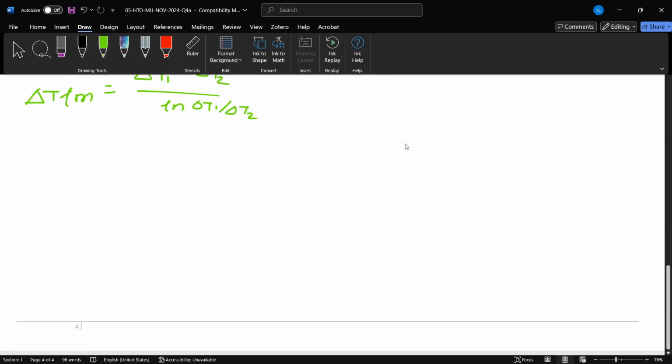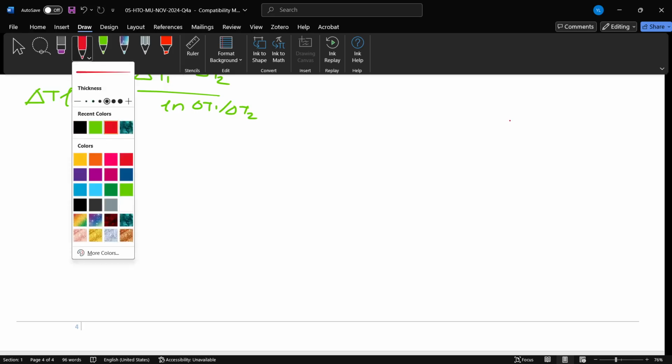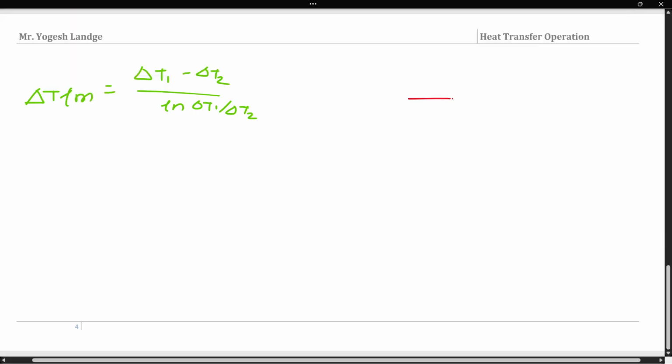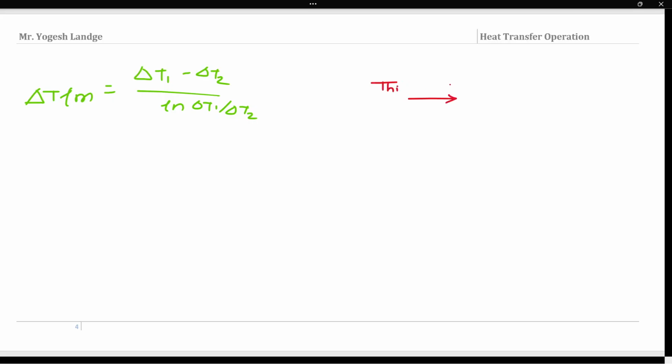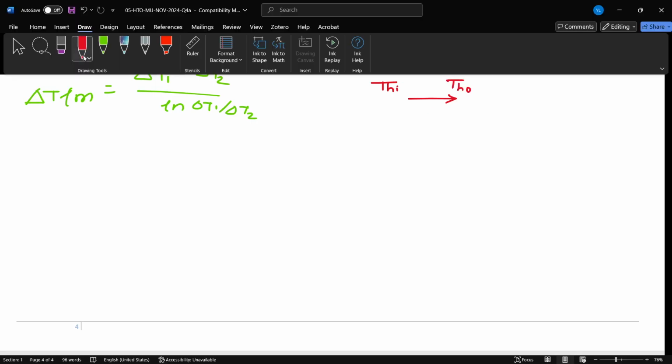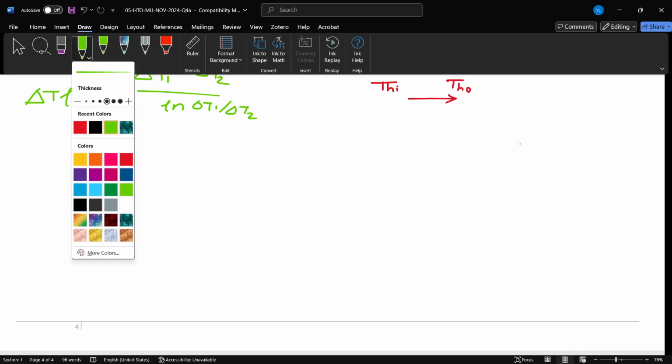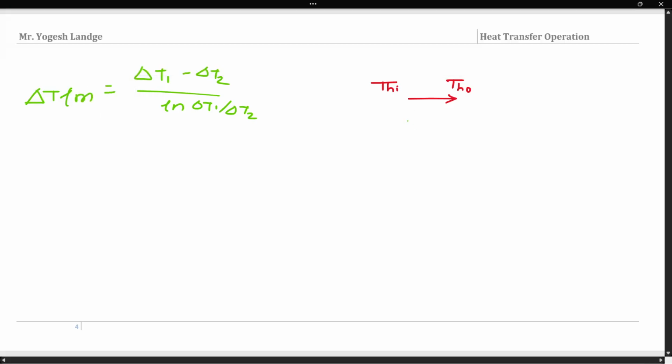So I can write here that one flow is this one, hot liquid flowing THI to THO, and the cold liquid is flowing TCI to TCO. Now this is the correct way that we can write.